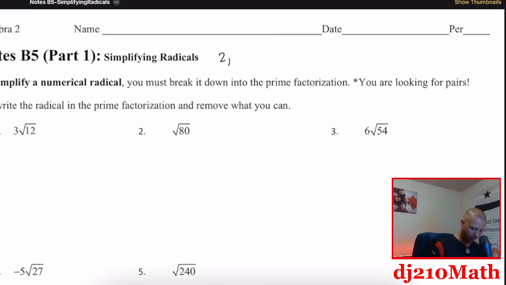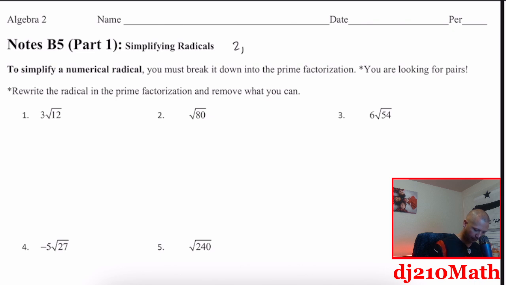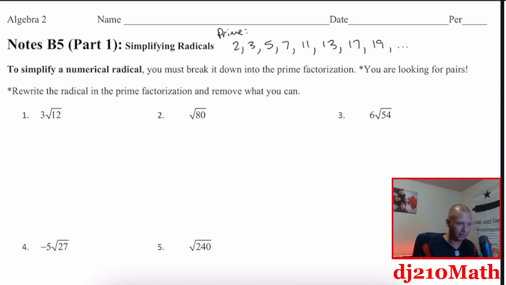Here, look, I'll write them down. The primes are 2, 3, 5, 7, 11, 13, 17, 19. I mean, the list goes on and on. There's infinitely many, right?